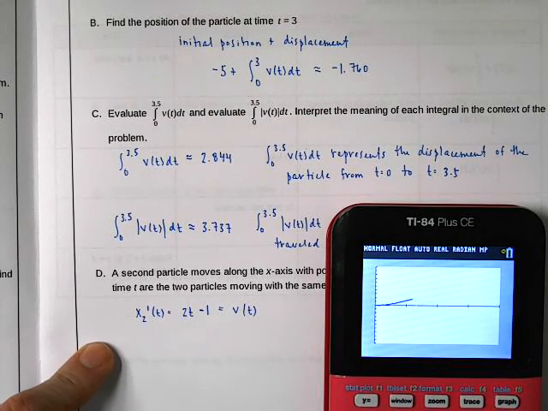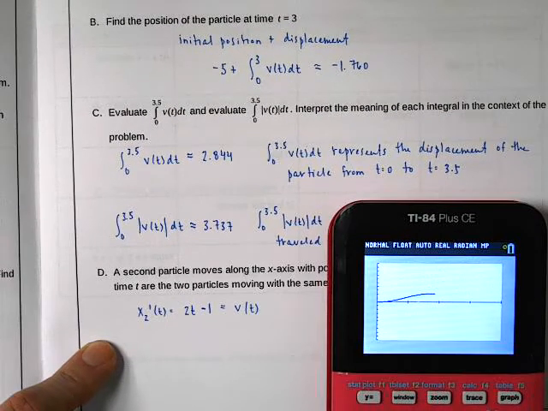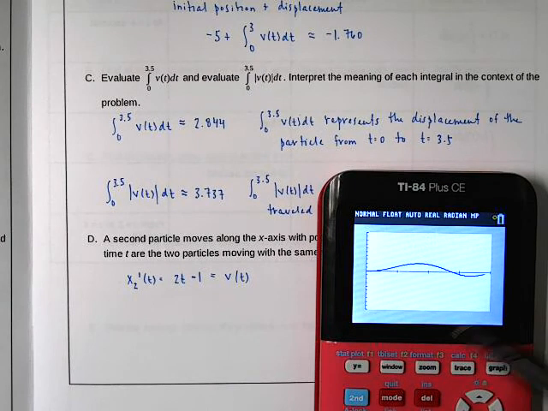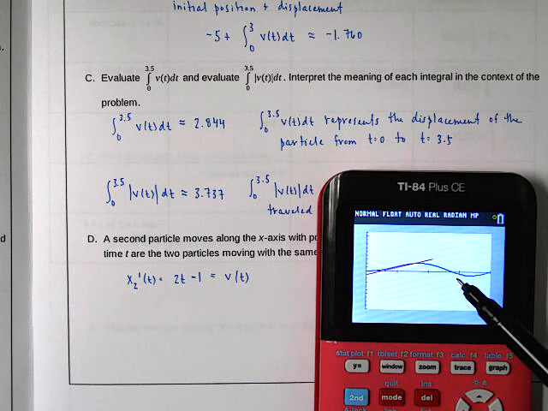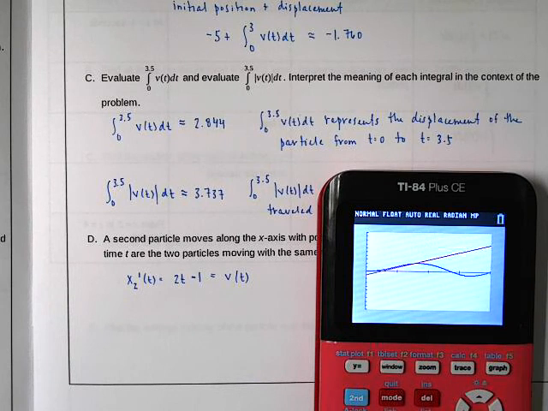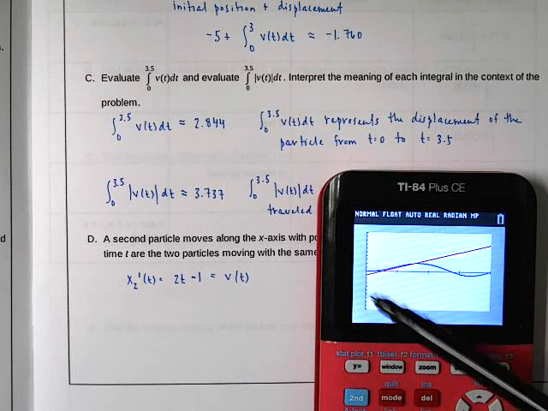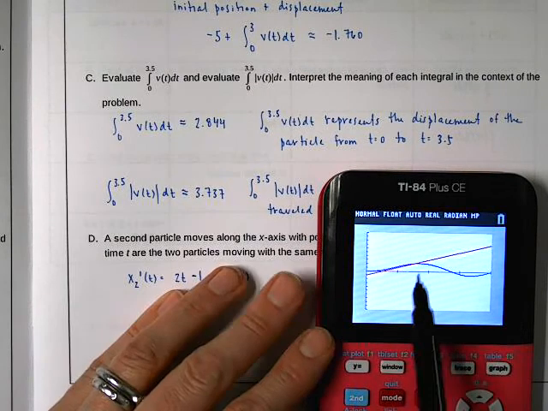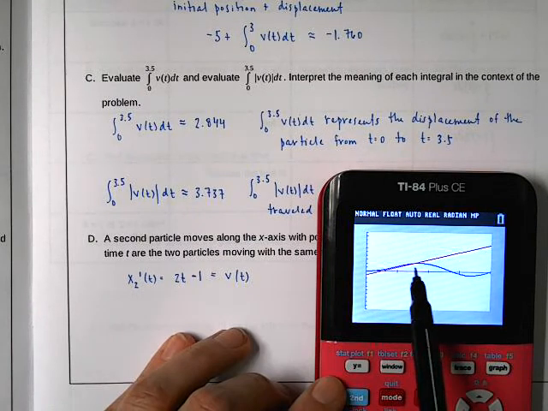It's going to graph them, and we'll just use the intersect feature to find that time. It just so happens I had already set my window from 0 to 4, which fits our window here. It looks like this is the intersection point here.